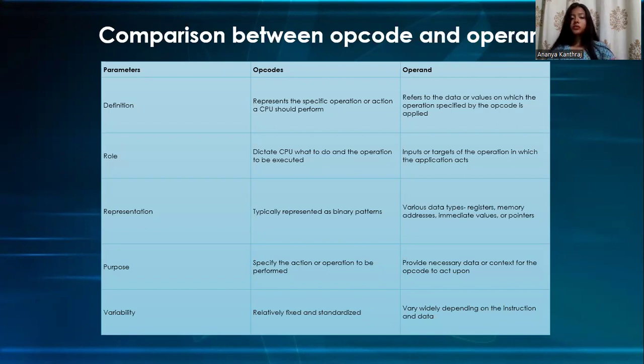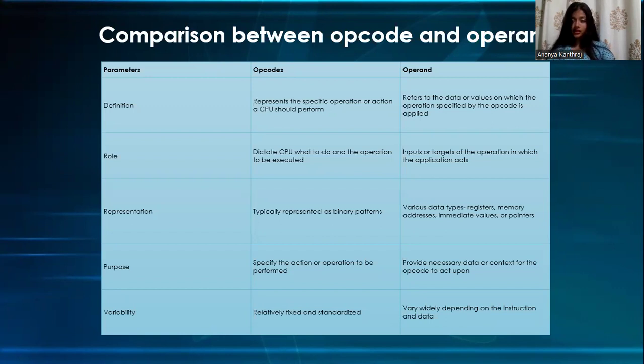The third parameter is the representation. The opcode is represented as binary patterns. When it comes to operands, they include various data types like registers, memory addresses, immediate values, or pointers. The purpose of the opcode is to specify the action or the operation to be performed, and the purpose of the operand is to provide the necessary data or context for the opcode to act upon.